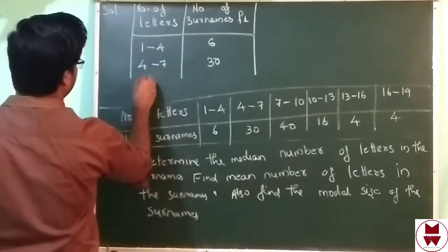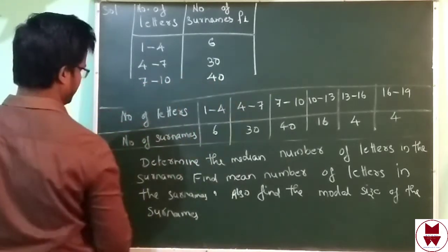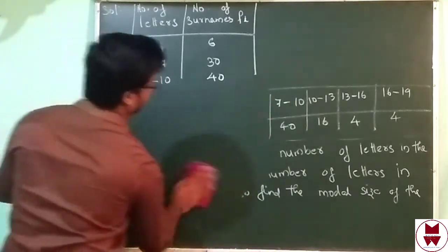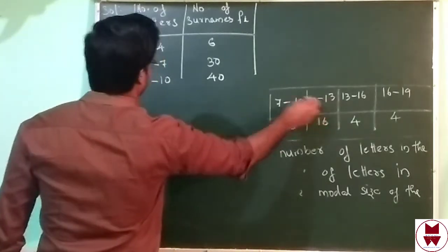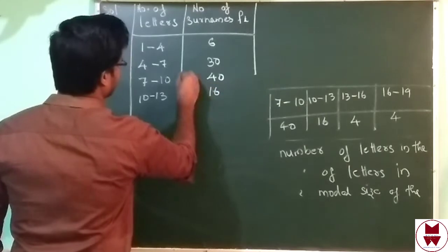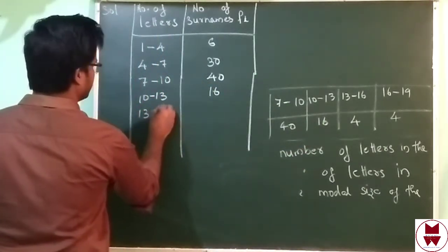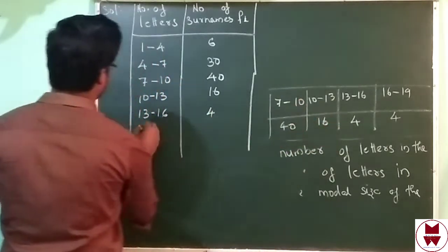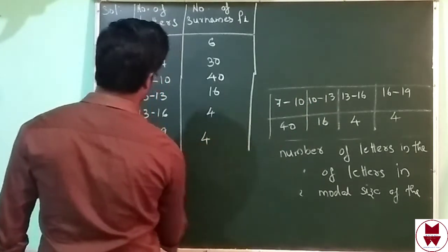Then 7 to 10, 40. Then 10 to 13, 16. 13 to 16, frequency is 4. Then 16 to 19, frequency is 4.